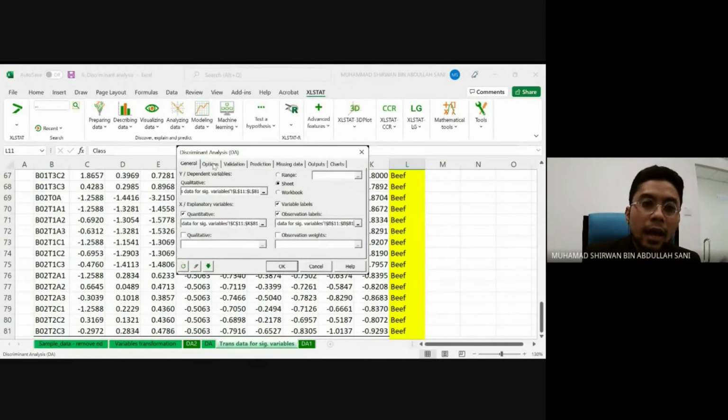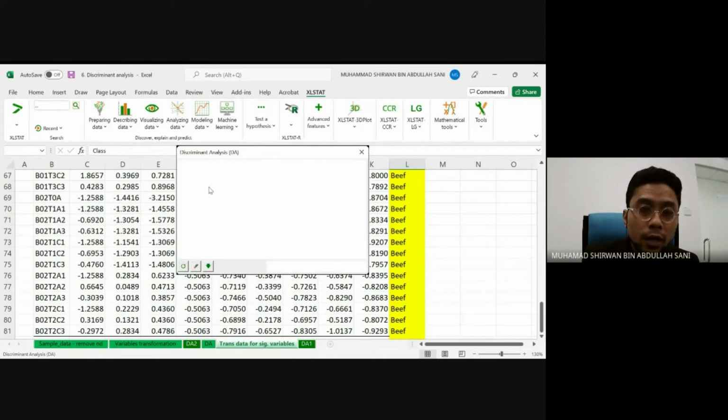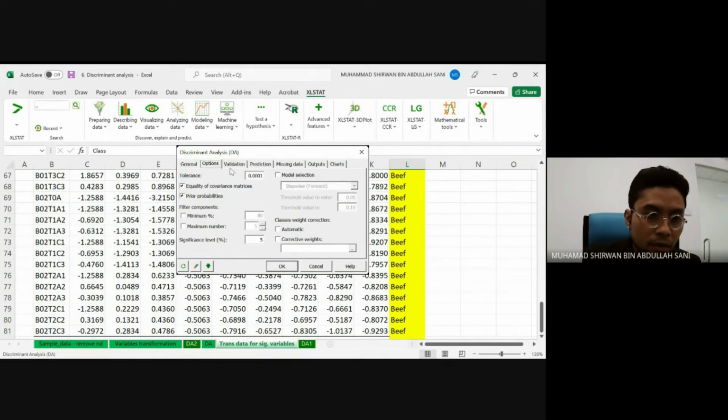Okay, done. Then for options, again it is the same. For tolerance, this is the tolerance that we set, 0.001. This is for identifying multicollinearity. It is a similar thing. Significance level 5%, because we want a p less than 0.05.